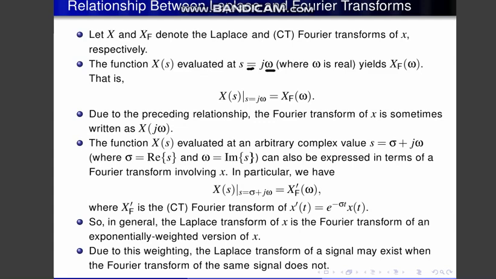The function X(s) is evaluated at an arbitrary complex value s equal to sigma plus j omega, where sigma is the real part of s and omega is the imaginary part of s. So it can also be expressed in terms of the Fourier transform involving x. In particular, we have this. So that is quite similar. If you put s as j omega and make sigma 0, it will compare directly to the Fourier transform.